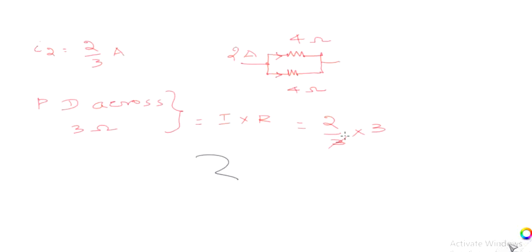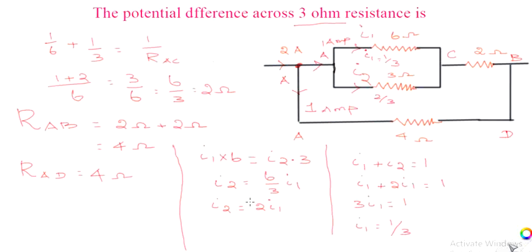You cancel this, then it is equal to 2 volt. Therefore, the potential difference across this 3 ohm resistance is 2 volts.